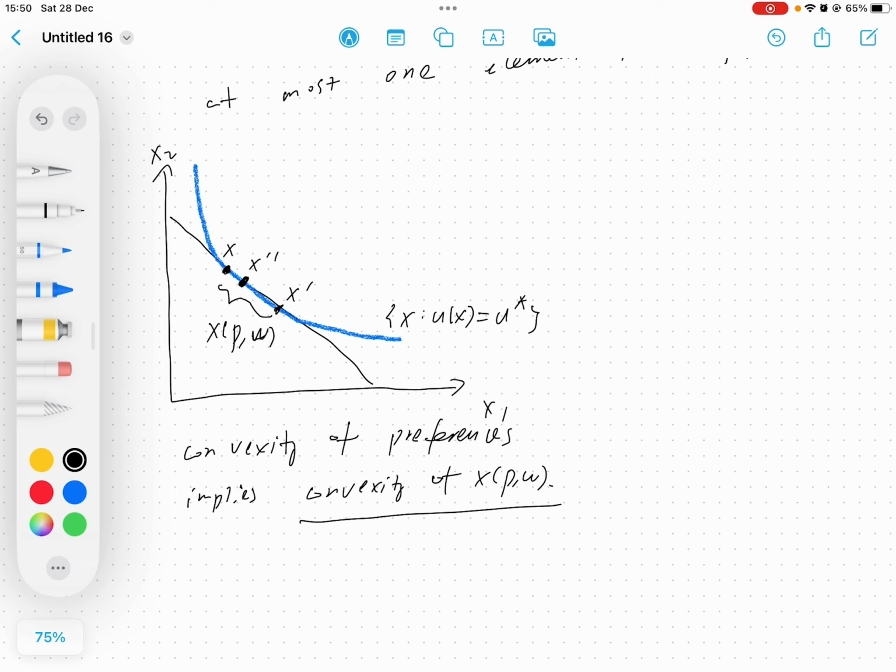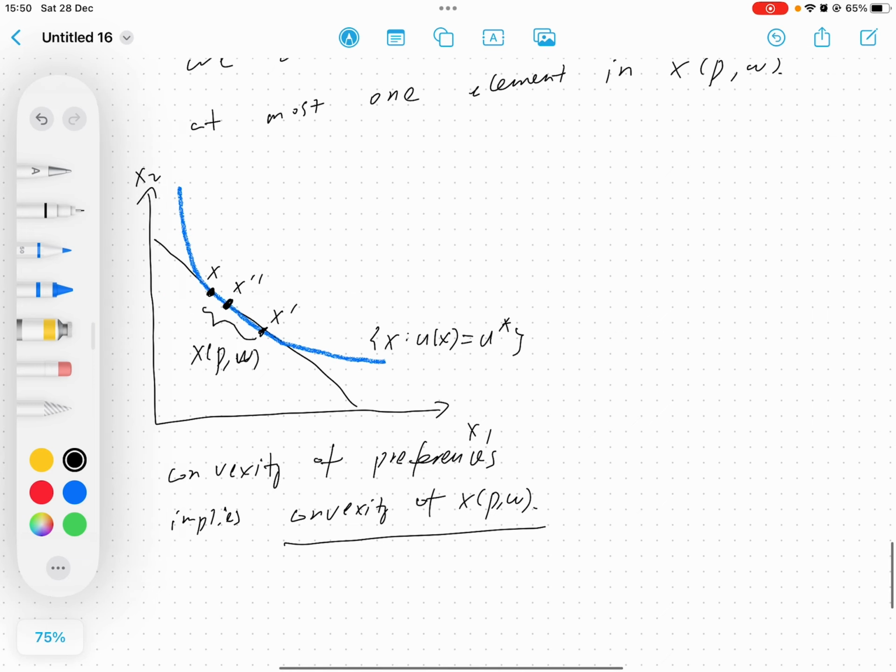We're talking about the convexity of set X, which is just as we labeled by this big curly bracket on the picture. Mathematically, by convexity we mean that for any convex combination, this point x double prime is still within the set.